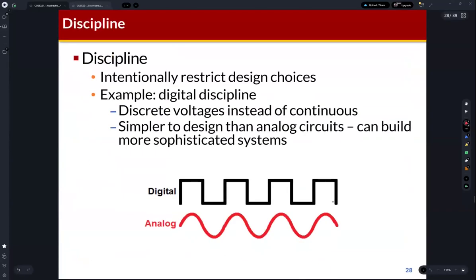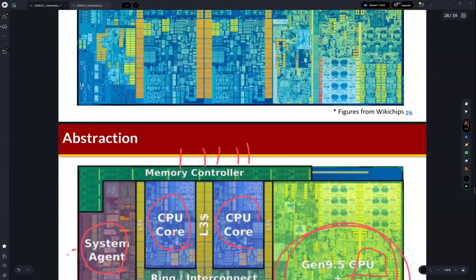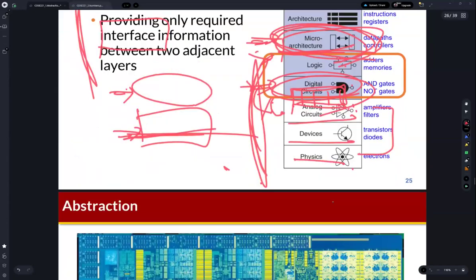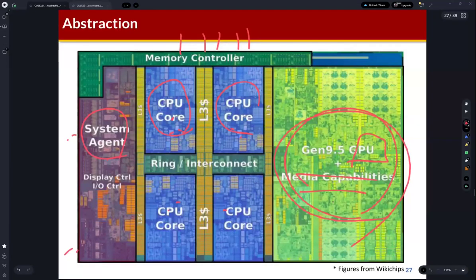Yeah, this is the concept of abstraction. Only the required knowledge is revealed. If we use a different level of abstraction, then the content of knowledge is also different.